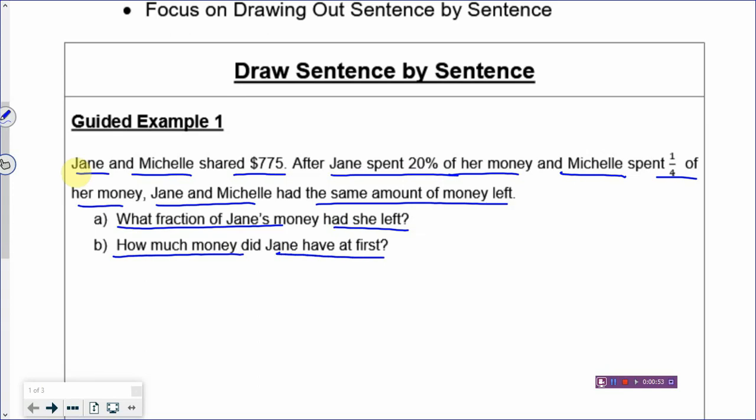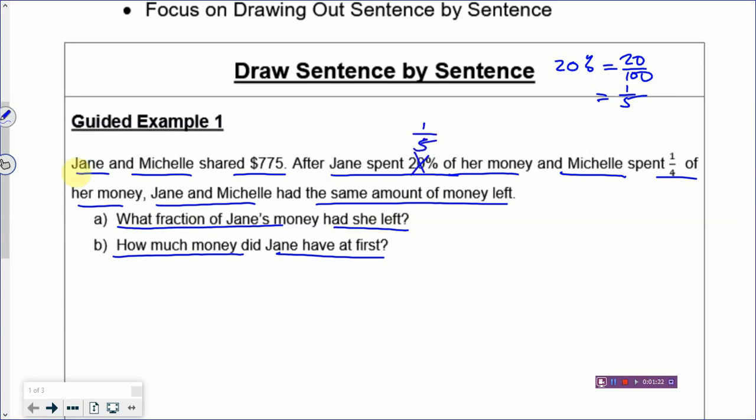To help us draw the model better, if there's a percentage involved, we can change the percentage into fractions, and then the whole problem becomes a fraction problem. So 20% is 20 over 100. I hope you know how to change the percentage into a fraction. 20 out of 100 in simplest form is no more 20%, but now we look at 1/5.